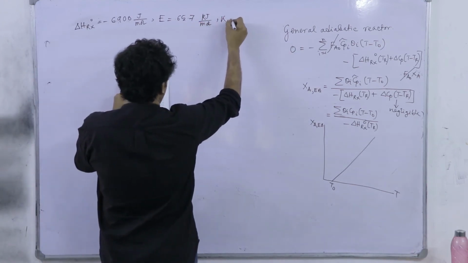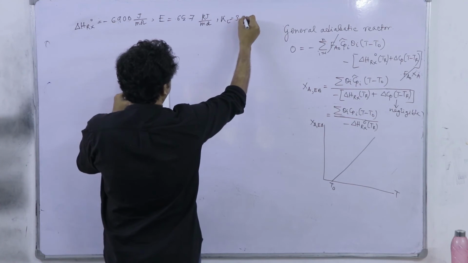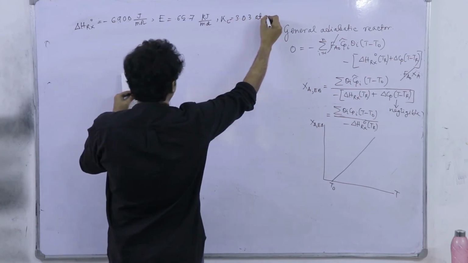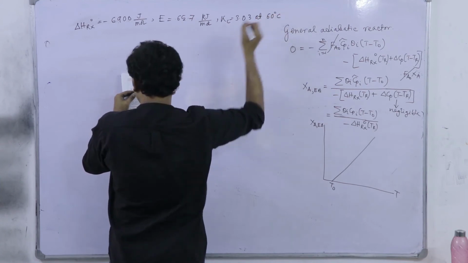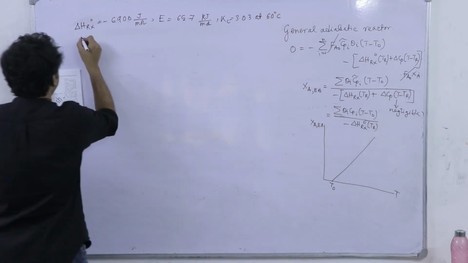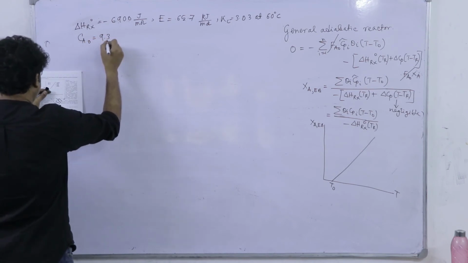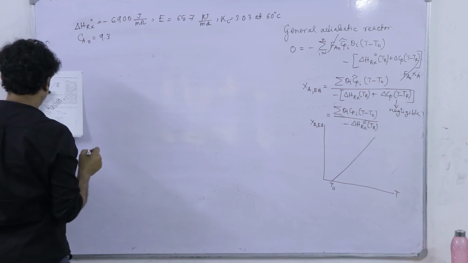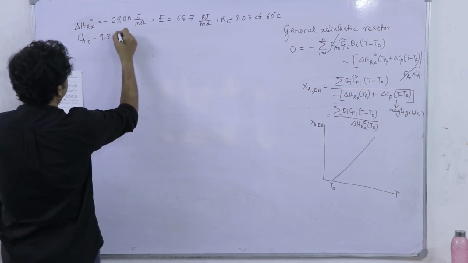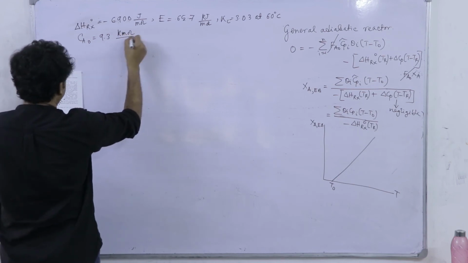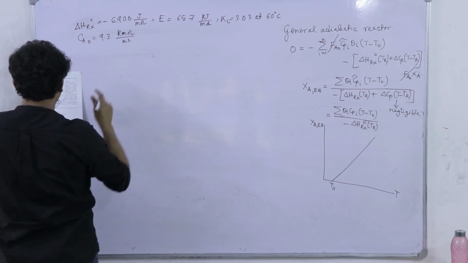K_C, the equilibrium constant, since it is a reversible reaction, is 3.03 at 60 degrees Celsius. C_A0 is the initial concentration, 9.3 kilomole per meter cube.